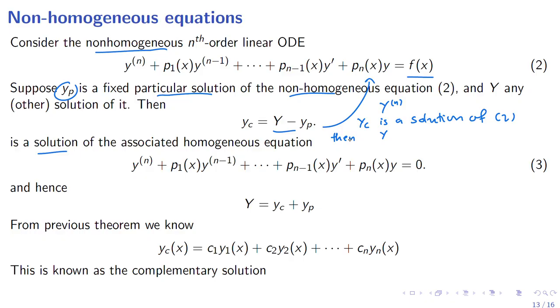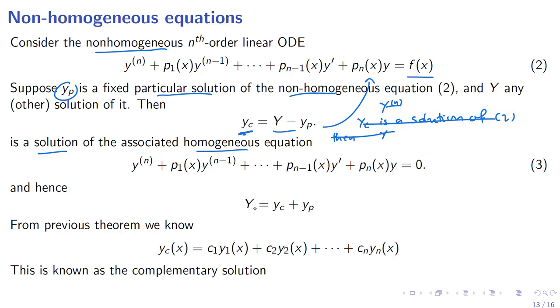I'm actually not going to do this part, but you can try doing this. If y and yp are solutions of this non-homogeneous equation, then if we look at the combination y minus yp, we can show that this yc is a solution of the homogeneous equation with the right hand side 0. And therefore, we can rewrite this by isolating y.